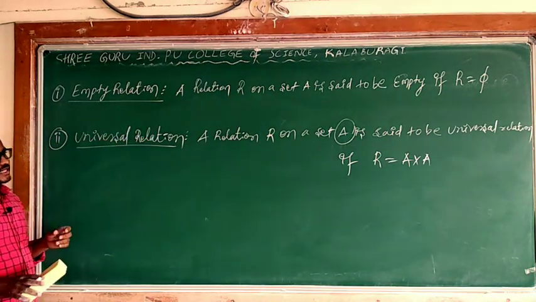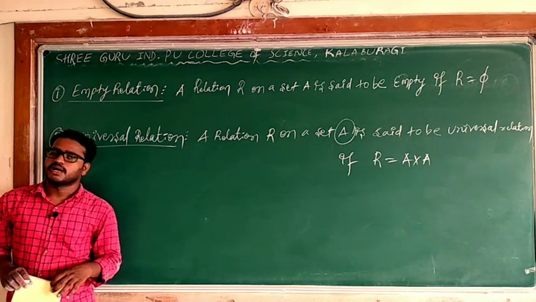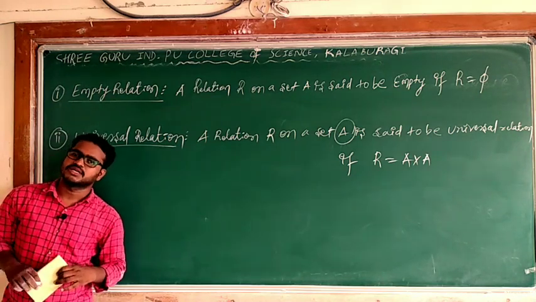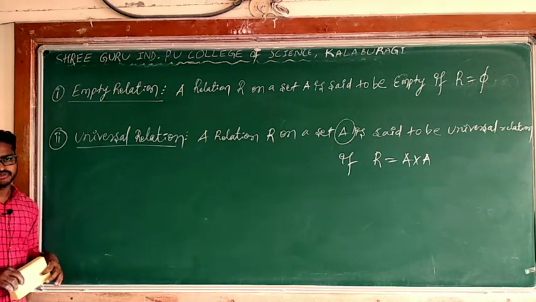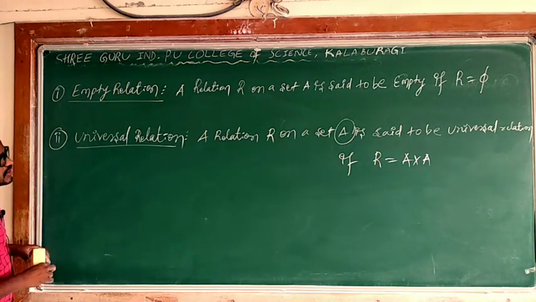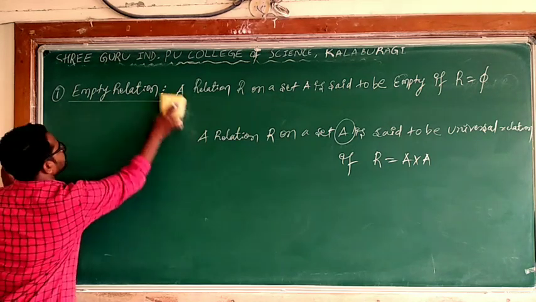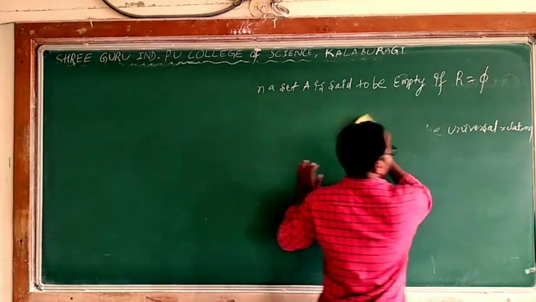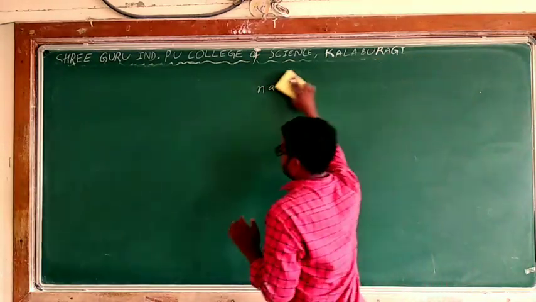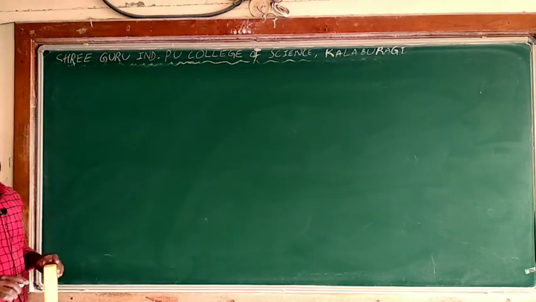These two are the types of relation. Now I will take another main thing: I can define what is domain and what is range of the relation. Now we are defining three cases.